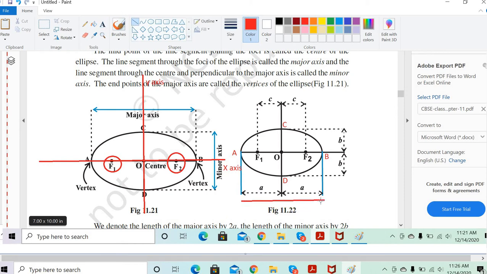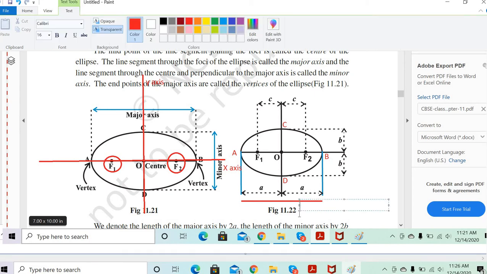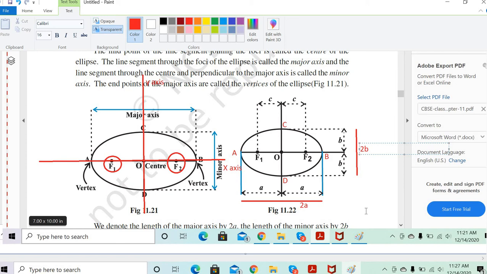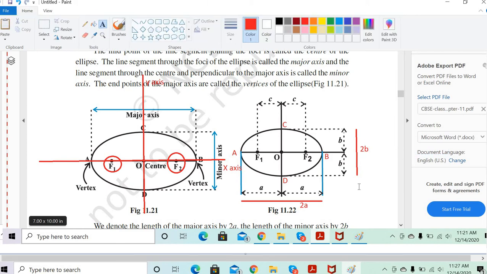Similarly, for the vertices C and D, the points on the y-axis, CO will be the same as DO. If we define the distance CO as b, then OD is also b. Correct?